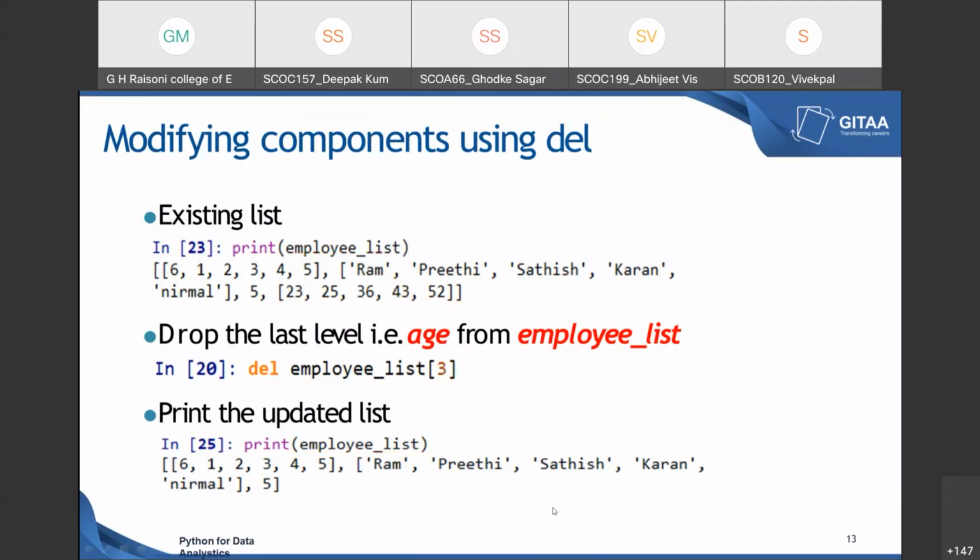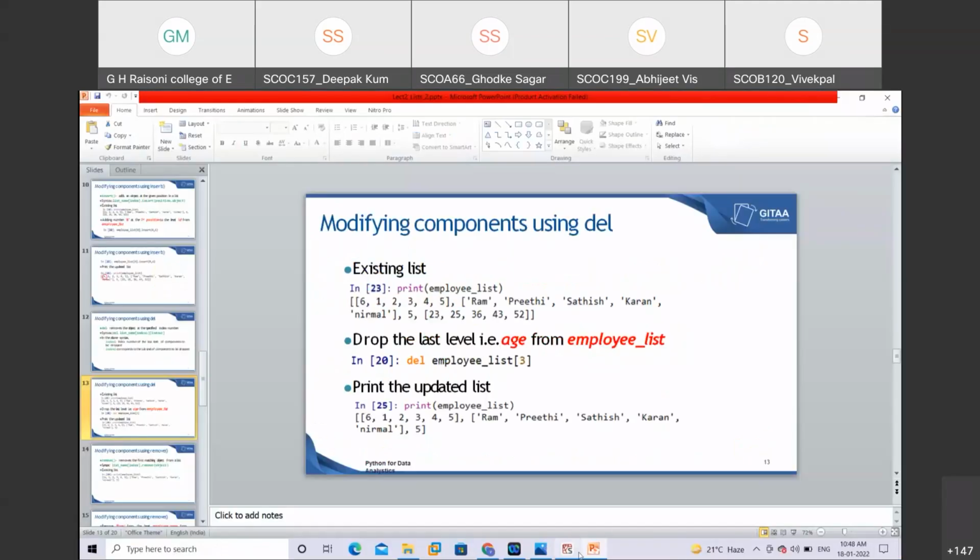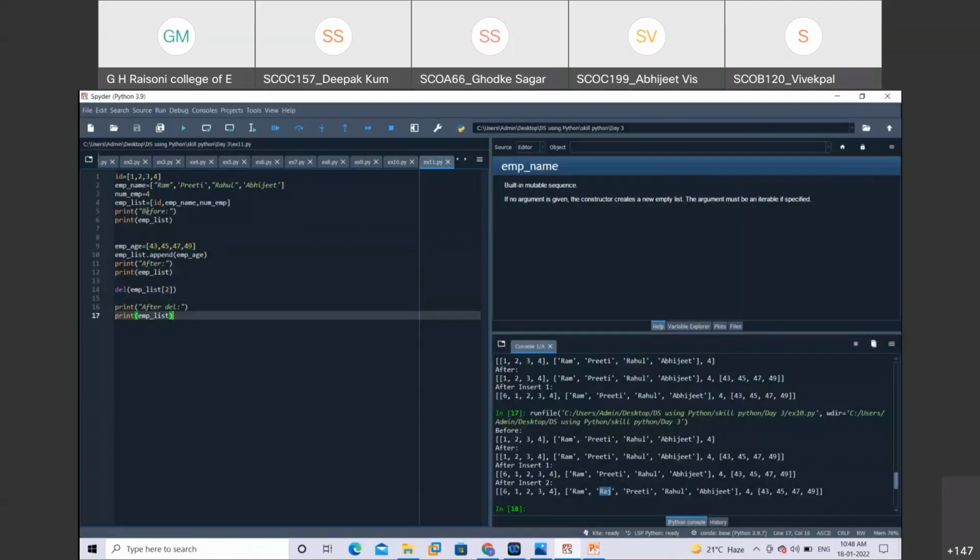Now we will see the program. Again, here, employee ID, employee name, and number of employees are given, and they are bundled into a single list, that is employee list. Then we are printing that list. Then again, the second list, employee age, is appended to the employee list, and it is going to display as we did in the previous program.